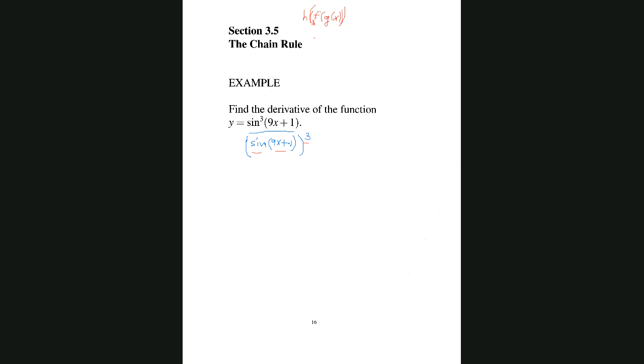The chain rule that you learned when you had 2 functions, f and g, had 2 links in the chain. For this problem, how many links are going to have to be in the chain? Going to have to be 3. That's right. 3 links in the chain.